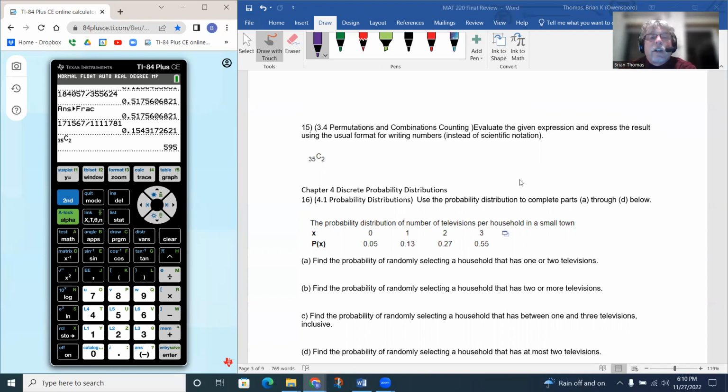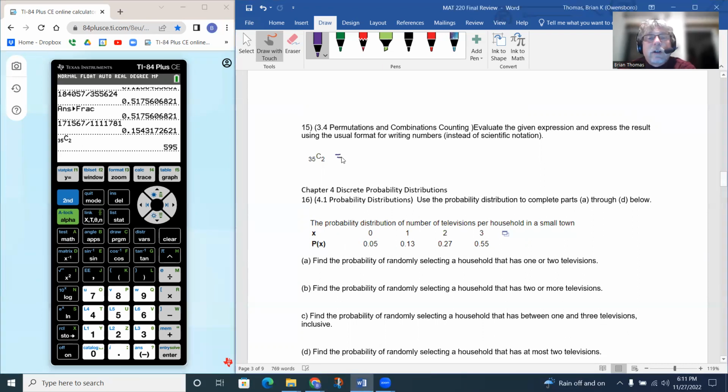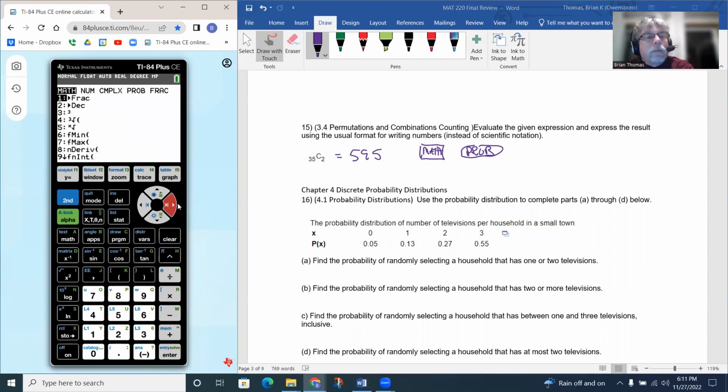That'll give me then the 595 different combinations there. Again, that can be found under the math button, and we look for the probability inside there. So math, slide over to probability is where you get that menu to do the combination.